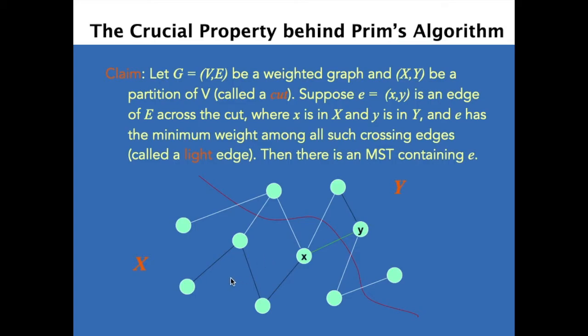So from time to time, we are adding one vertex from x to the vertex in y by identifying yung closest vertex from this part to this part. So, again, using mathematical induction, we can actually prove that Prim's algorithm is correct by showing that the claim is true for all iterations from 1 to n.